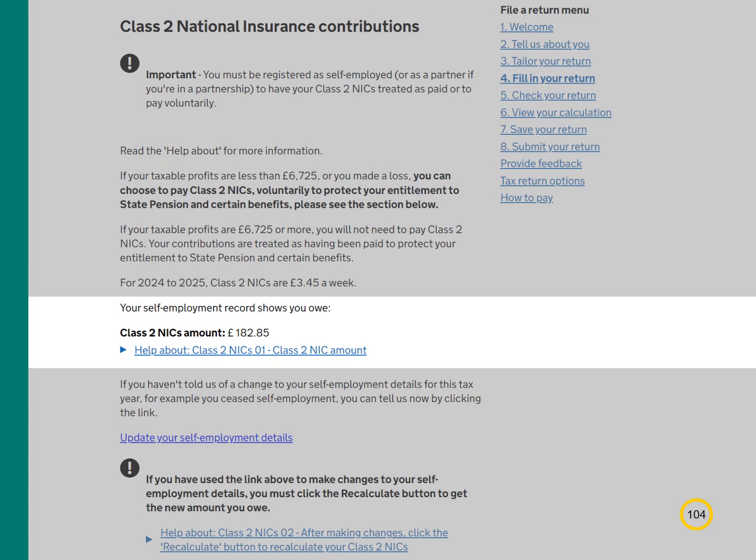On your tax return, the amount shown is the amount HMRC believe is due based on your national insurance records, so the number of weeks you are registered as self-employed. The amount will still show even if your Class 2 contributions are treated as having been paid, and you need to check the amount is correct.